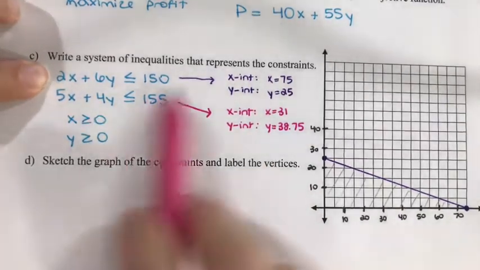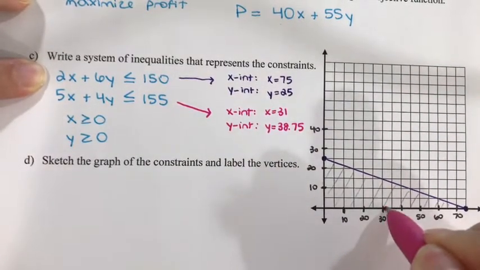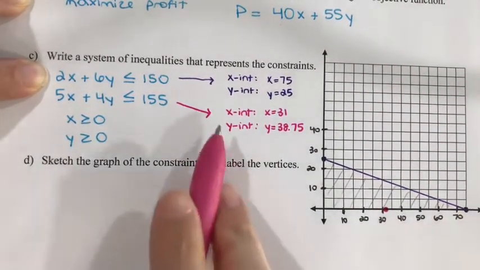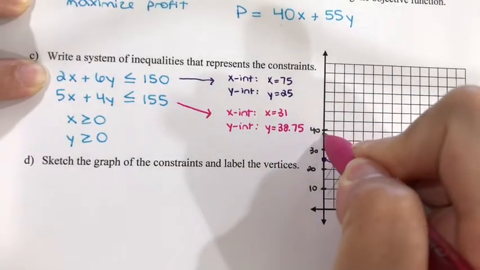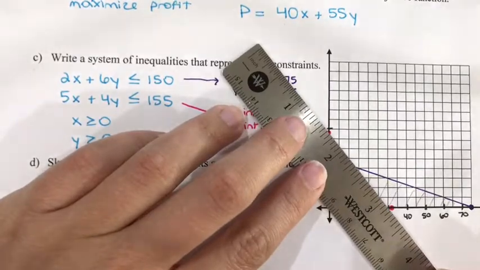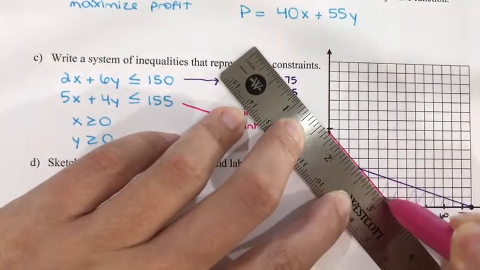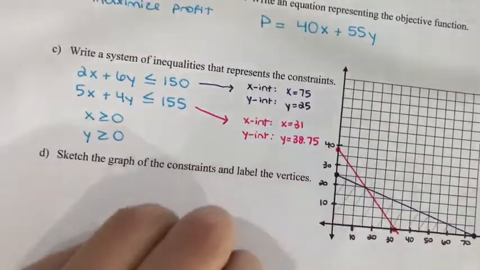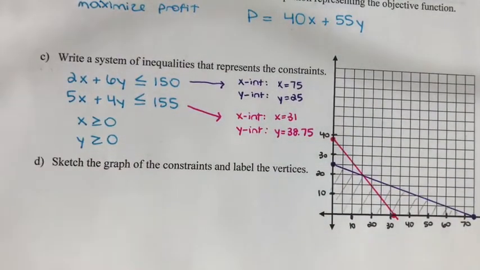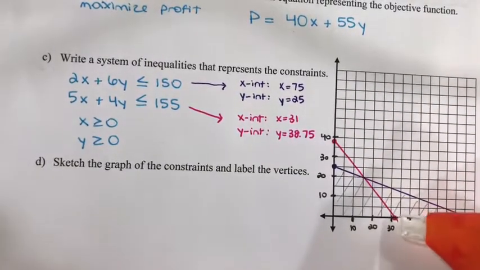Now we're ready to move to the second inequality. We're just going to eyeball these values. So 31, let's say, is right over here. 38.75, a little bit before 40, and cross these two points. I went a little bit too far, so let's clean that up.